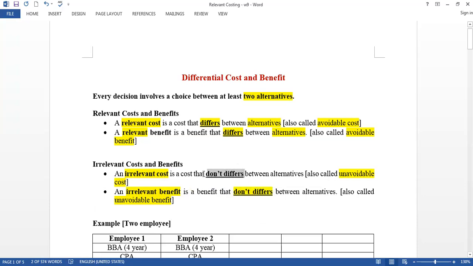Okay, there is no difference between two alternatives. In this situation, it is called irrelevant cost and benefit or unavoidable cost and benefit.